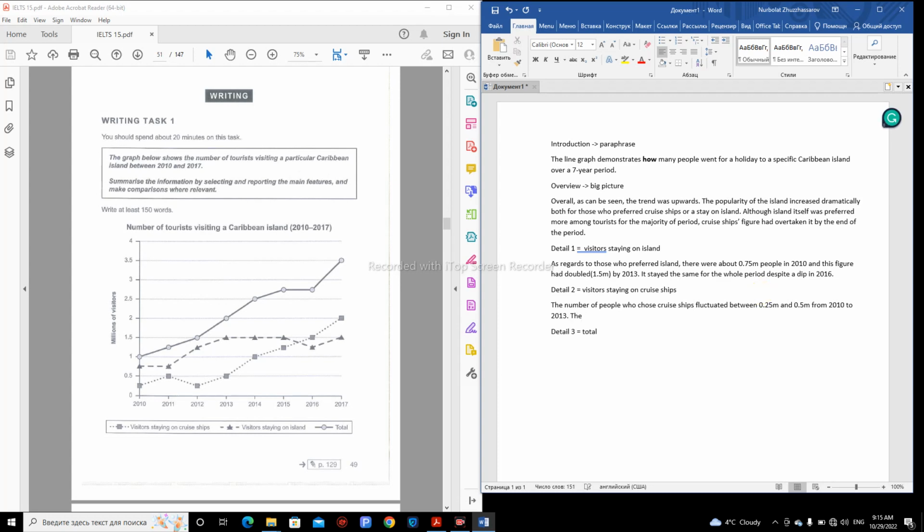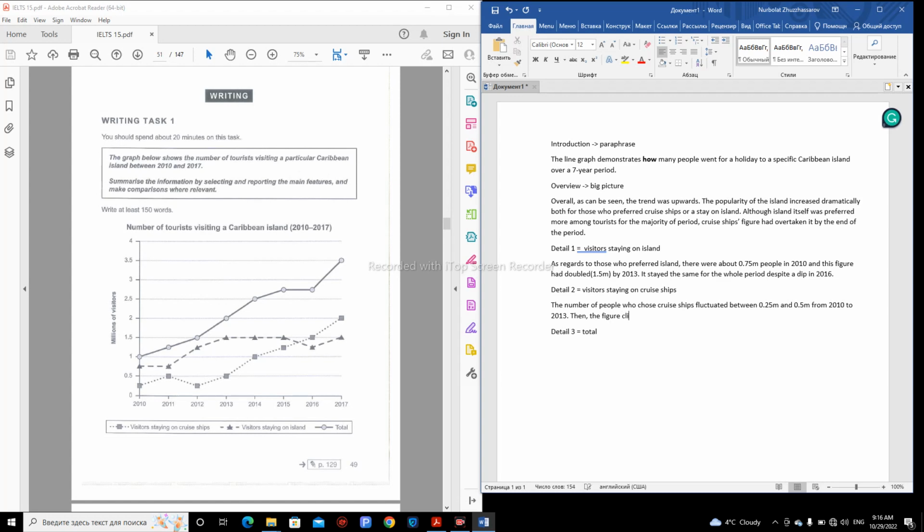Then what happened? The figure increased, but we have the word increased already, so we can use another word.